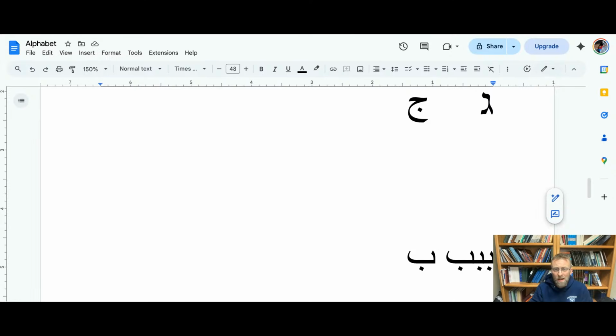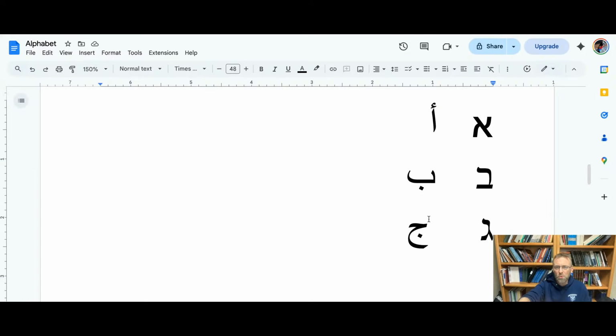Hebrew by comparison is a whole lot easier. But the good news is it's not unachievable to learn this. Any other questions before we press on here? I'll keep an eye on the chat.